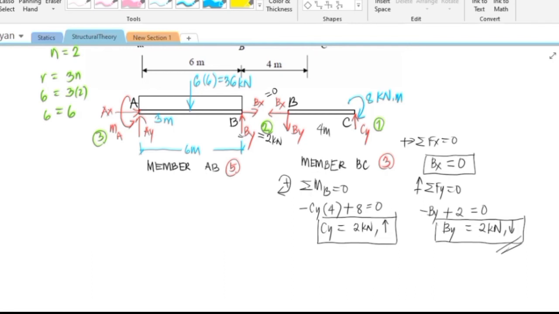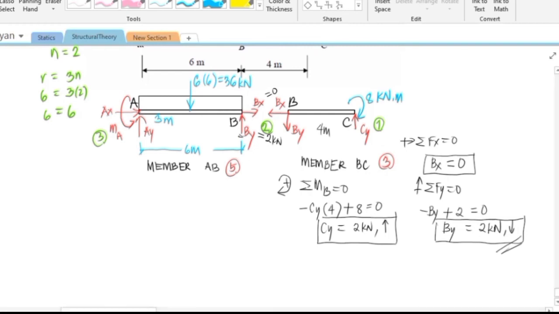So, dapat opposite yung directions ng ating mga reactions pag na-isolate natin siya kasi kapag pinagdugtong natin siya ulit, dapat ay magsi-zero yung reactions natin sa point B.